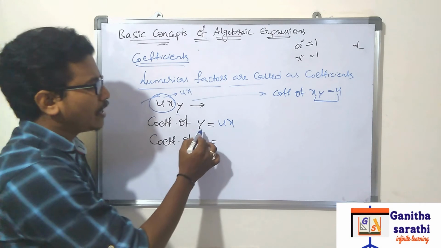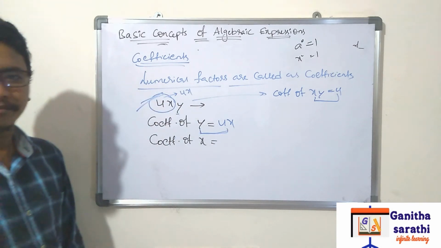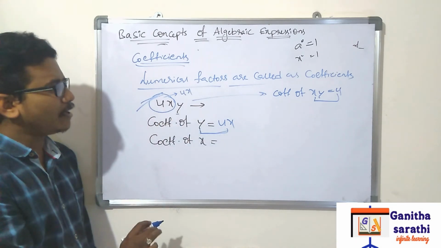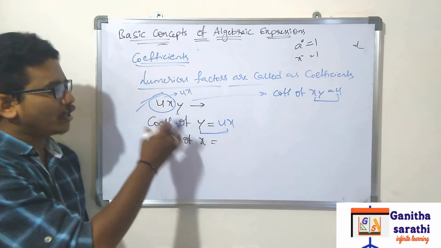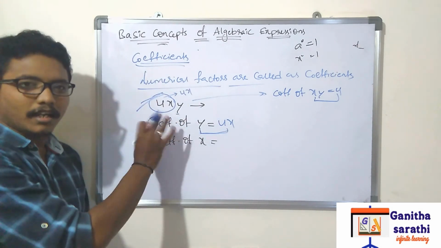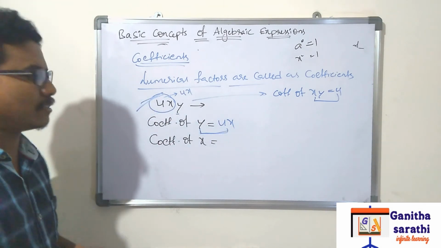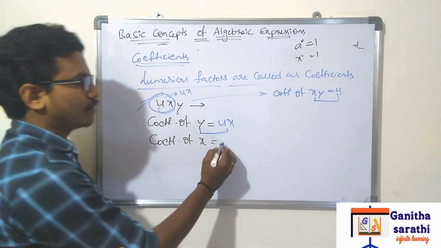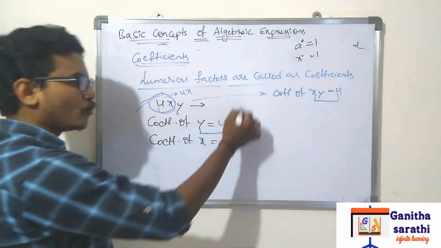Because if you multiply these two factors, you should get the expression. So always only numerical factors cannot be the coefficients; based on the problems and the given options, we will write algebraic expressions also as coefficients. The coefficient of x here is 4y.